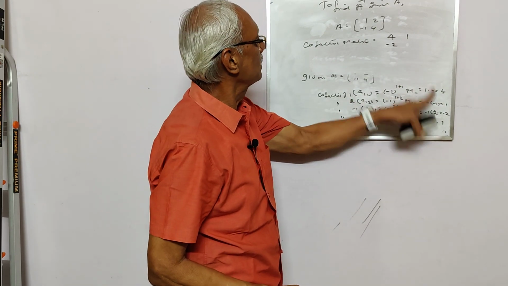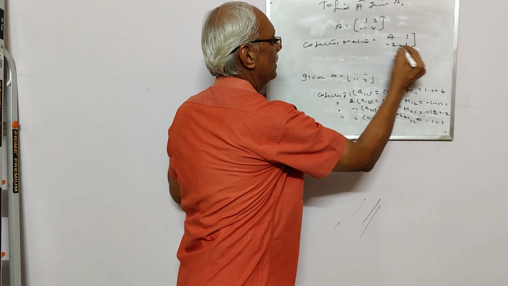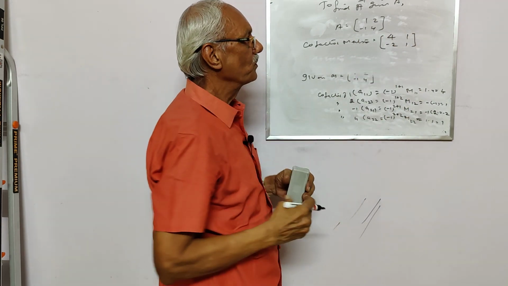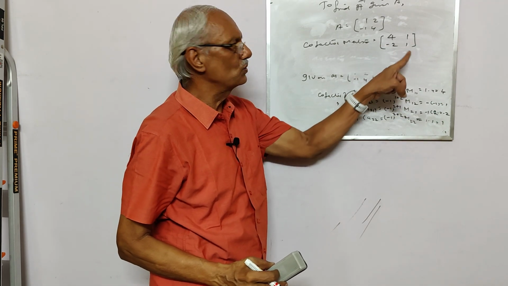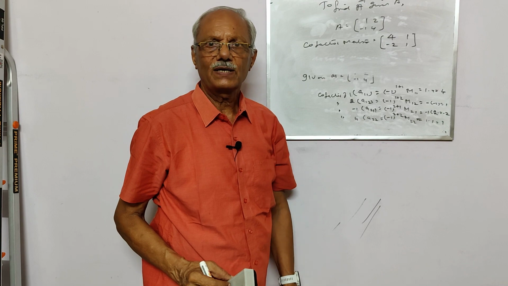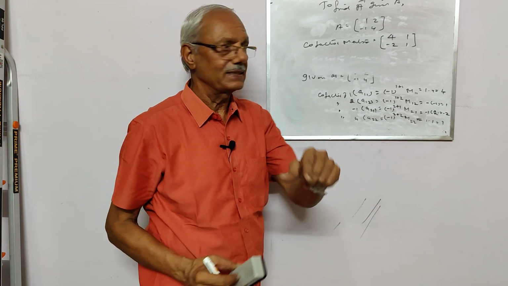And here it is, 4, 1. Okay, so 4, 1, minus 2, 1 is your cofactor matrix. That means finding the cofactors and forming a matrix.